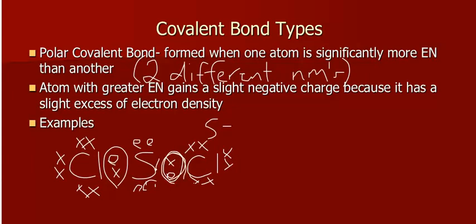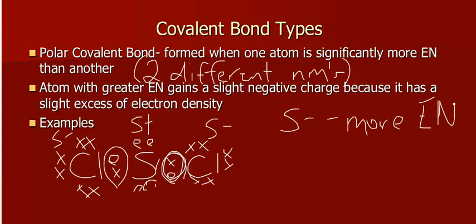Both chlorines hog those shared electrons, so sulfur doesn't get an equal share, and sulfur becomes slightly positive. Slightly negative means more electronegative. So your most electronegative element gets a slightly negative charge, and that would be a polar bond in this case.